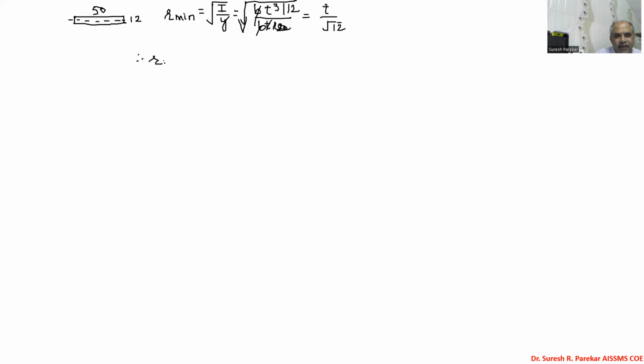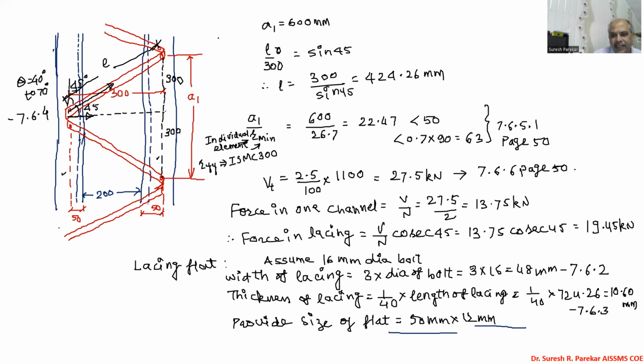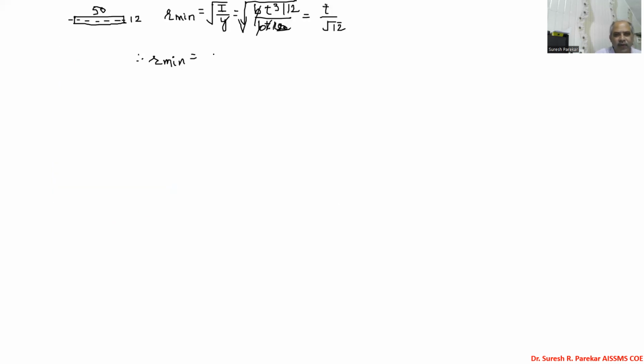From this we get r minimum equal to T by root 12. We have taken thickness of flat as 12 millimeters, so 12 by root 12, and from this we will get the value that is equal to 3.46 millimeters.